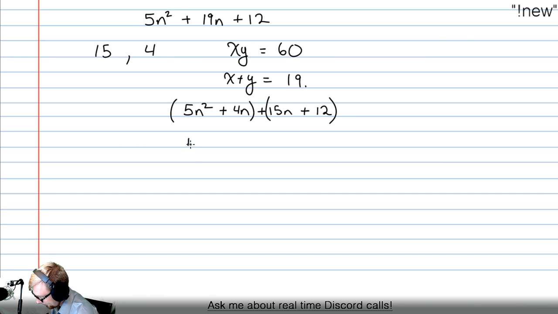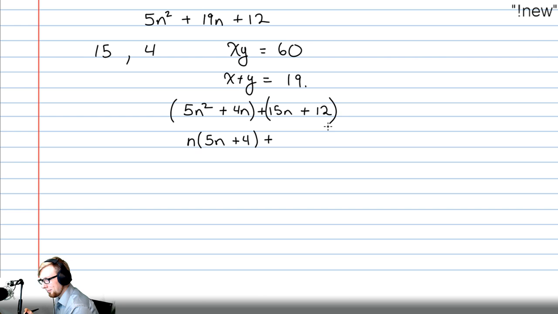So you take the n out, leave the 5n plus 4. And then the second factor would be just 1. Well, what are the factors of 15? Oh, 3, and so you would have 3 on the outside, 5n plus 4. There you go. Now finish it off. And then the factors would be n plus 3 and 5n plus 4. Perfect.